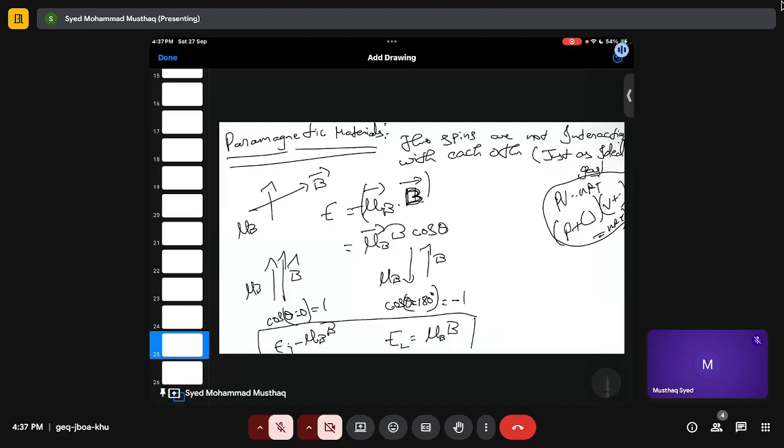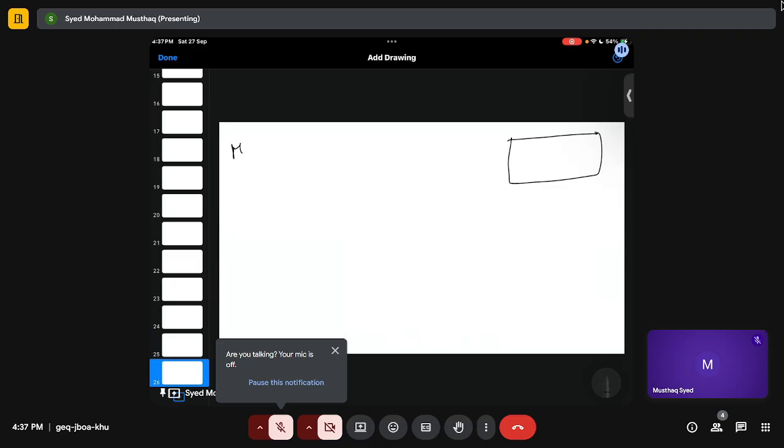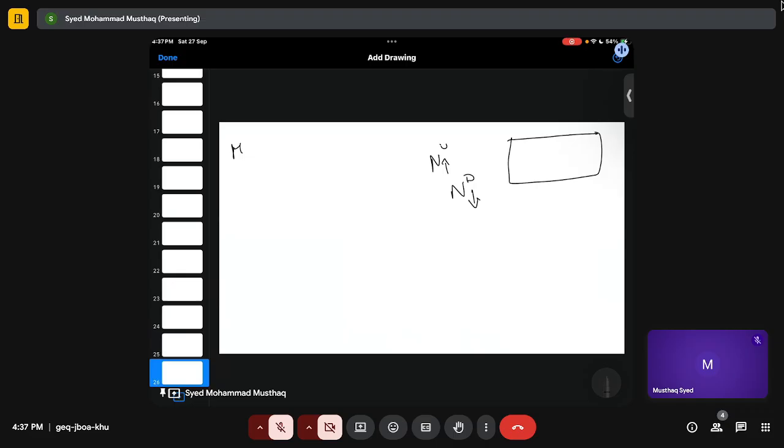Now if I want to find out the magnetization for the whole material, then let's say I have N up spins and N down spins. I'll write it like this, up and down. Then how do we calculate that?